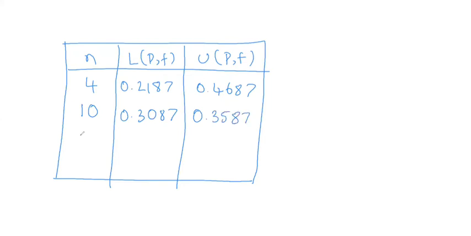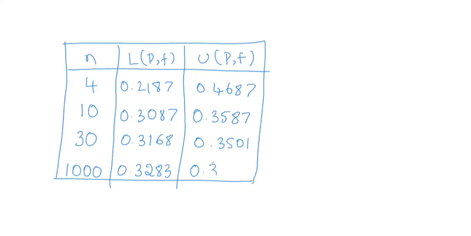If we divide the closed interval into, suppose, 30 subintervals, then the lower Riemann sum is 0.3168 and the upper Riemann sum is 0.3501. And if you divide the given closed interval into 1000 subintervals, in that case, the lower Riemann sum is 0.3283 and the upper Riemann sum is 0.338.